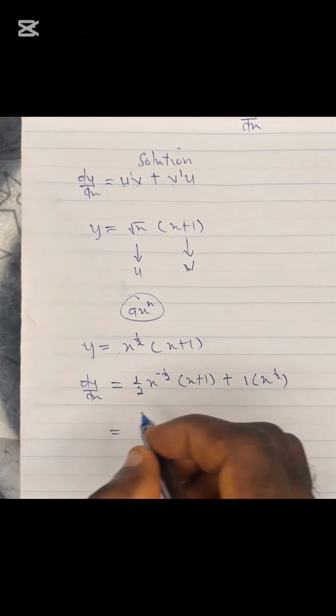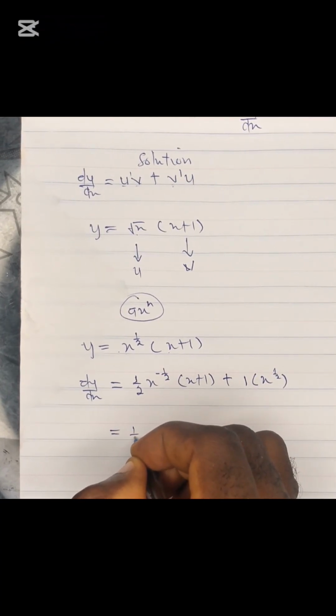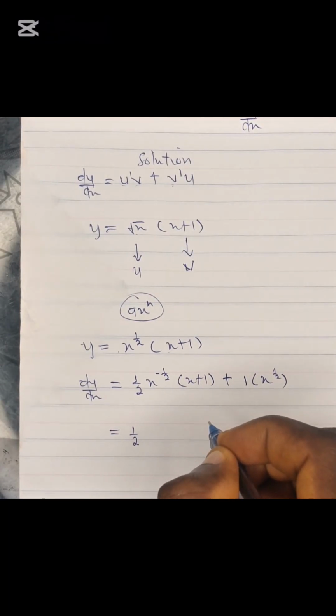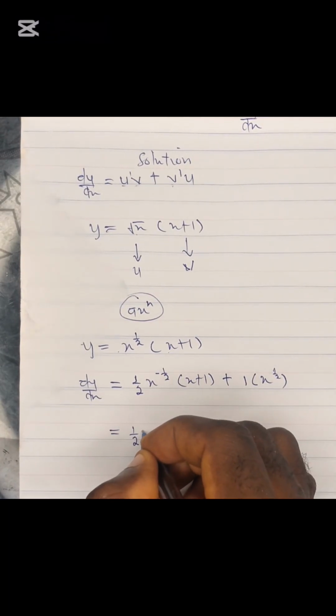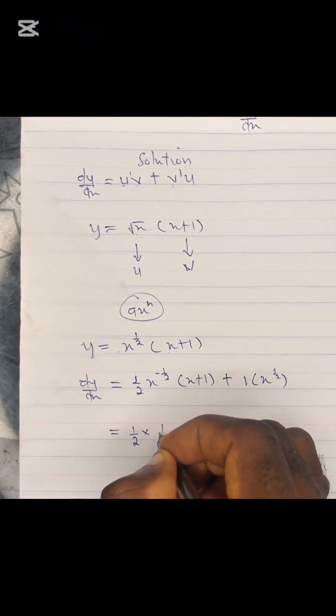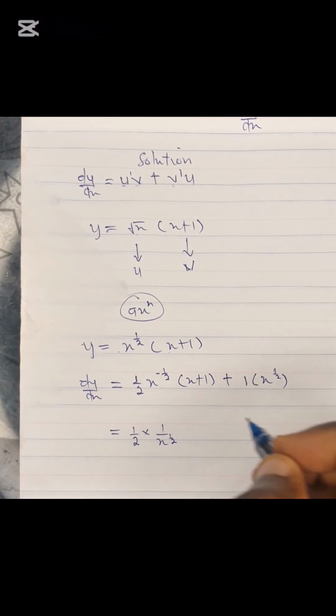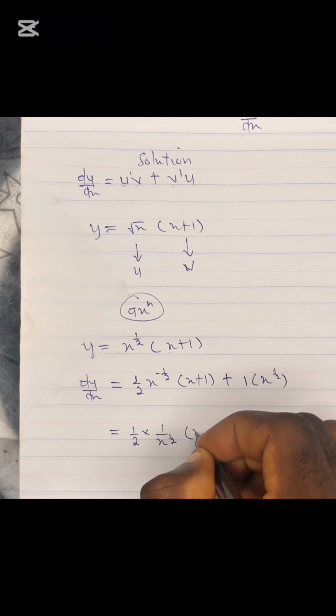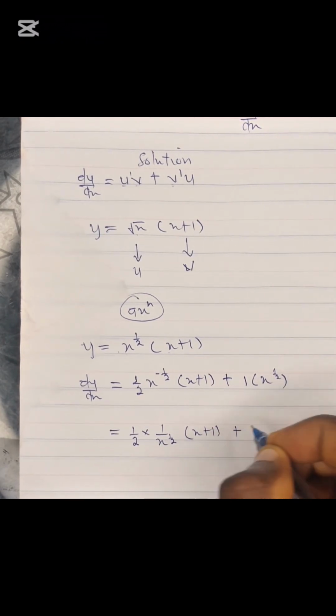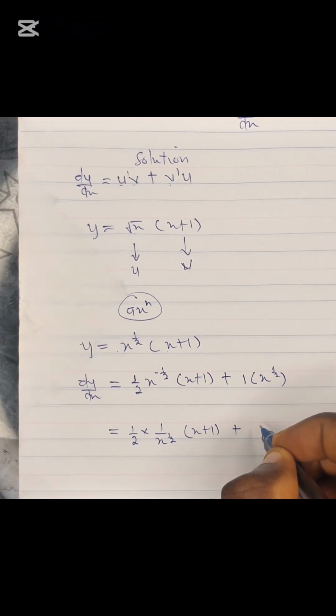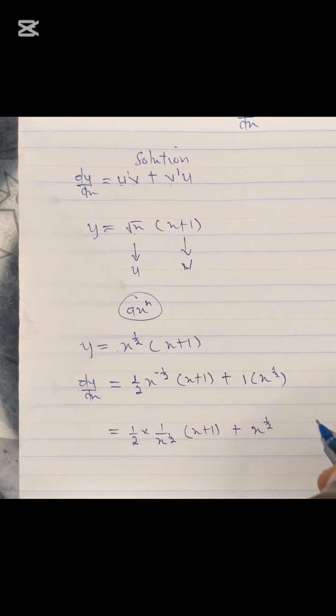If you simplify this, 1 over 2 multiplying 1 over x raised to the power half, and then also multiplying x plus 1, plus everything is going to be x raised to the power half.